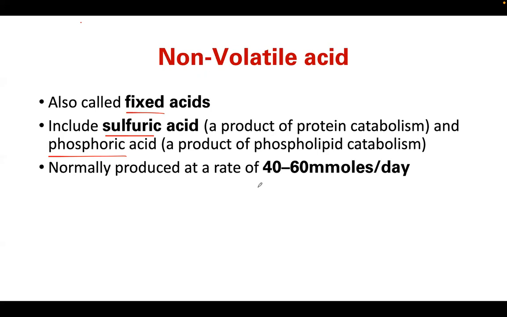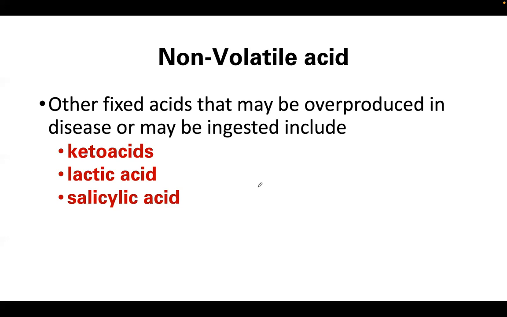Please, please. Now I want you to remember that when we talk about non-volatile acids, there are other fixed non-volatile acids that can be produced either as a result of a disease condition, or they may even be ingested. Now, we have three you have to be familiar with.